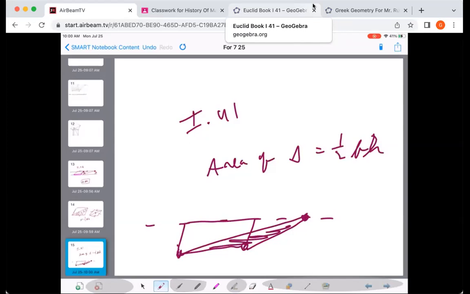Or said another way, the parallelogram is equal to 2 times the area of the triangle.